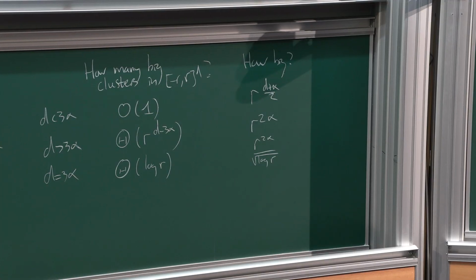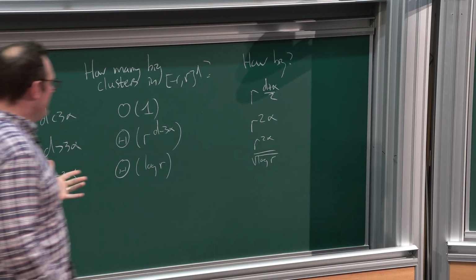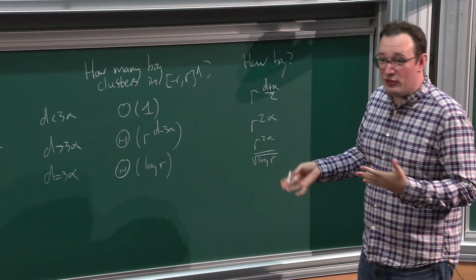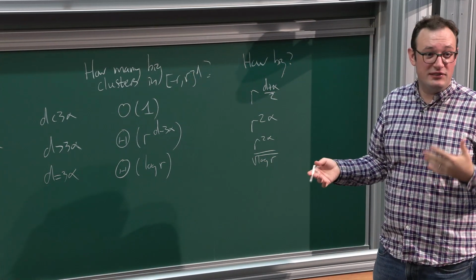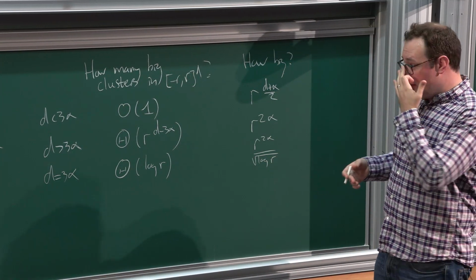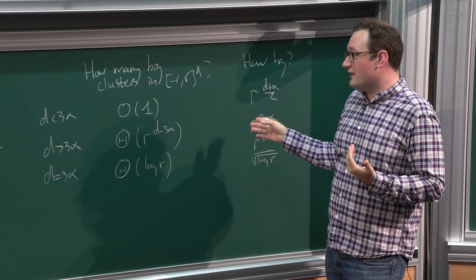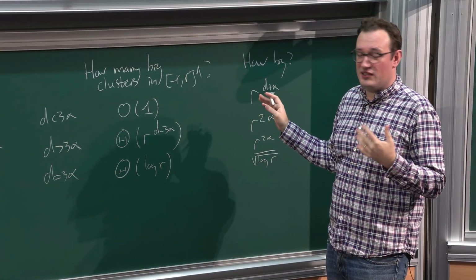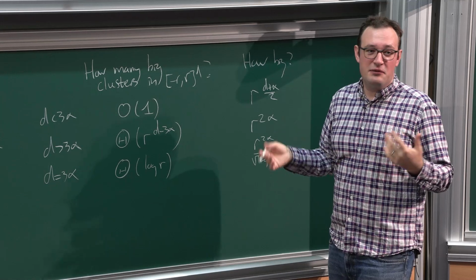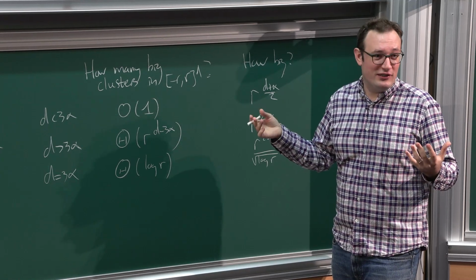Okay, so this is not quite a precise statement, but you can think of this as saying that if you want to compute something like a moment of a cluster, you'll get the same answer as if you just look at the contribution. Say I want to look at the third moment of the cluster at the origin inside the box.